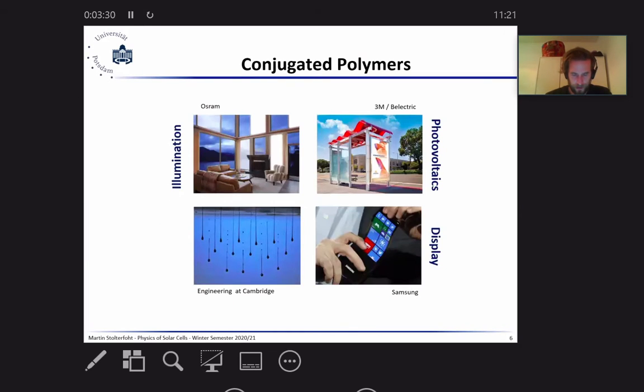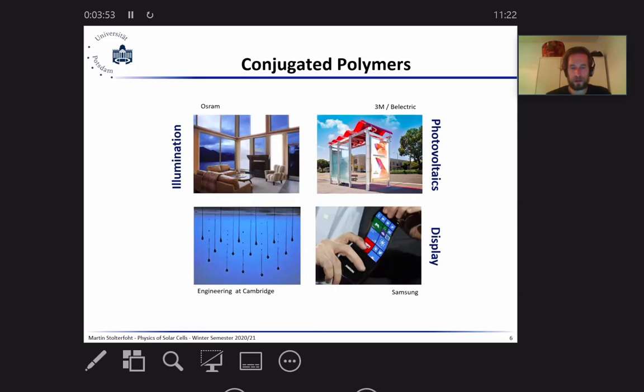This shows just some examples of conjugated polymers. They can be very flexible and they can be tuned in different colors. So the applications range from photovoltaic windows, for example, to illumination and displays.